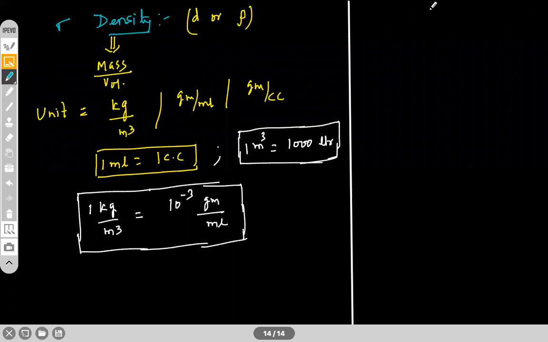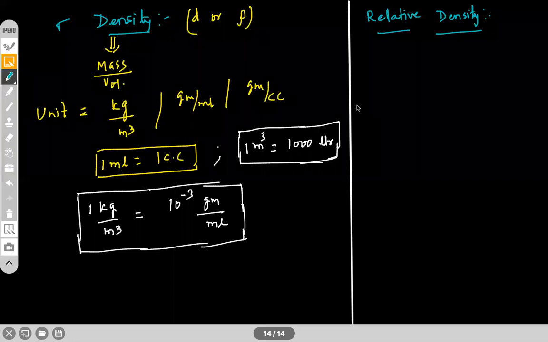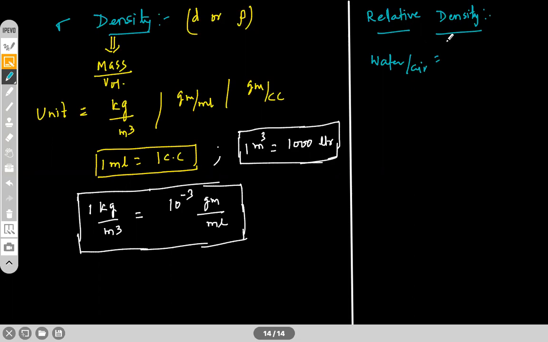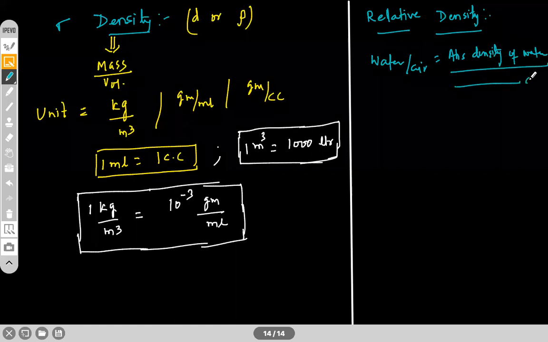Now, there's a term we call relative density. Relative density means the density of one substance defined with respect to another, and it has no unit. Suppose I define the density of water with respect to air, we'll write the absolute density of water divided by the absolute density of air.